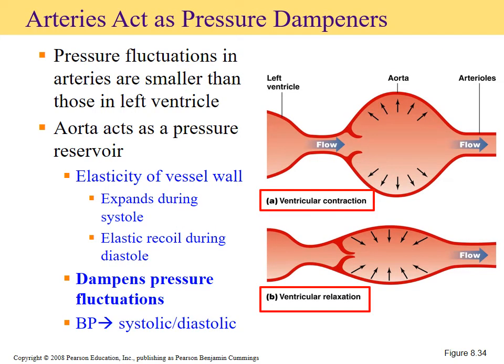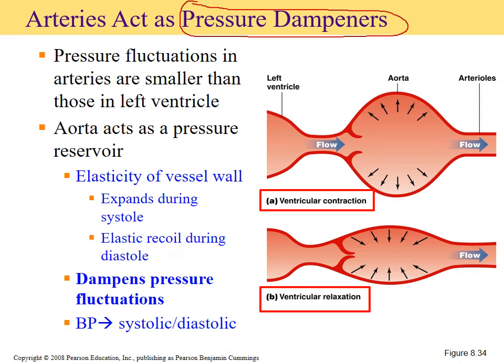We also want to definitely point out, I've mentioned this before, because of the thicker layer of muscle and a higher amount of elasticity in the arteries, they are an excellent pressure dampening system. This has to do with the fact that they have to be able to correspond to the fluctuating pressure changes as blood comes gushing out of the ventricle.